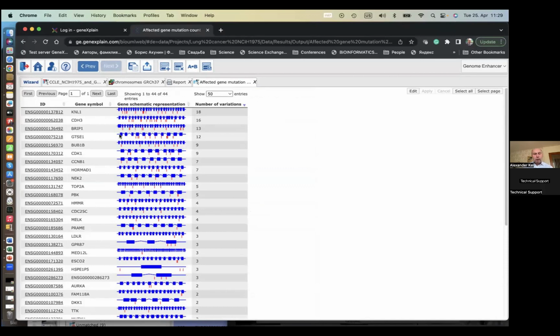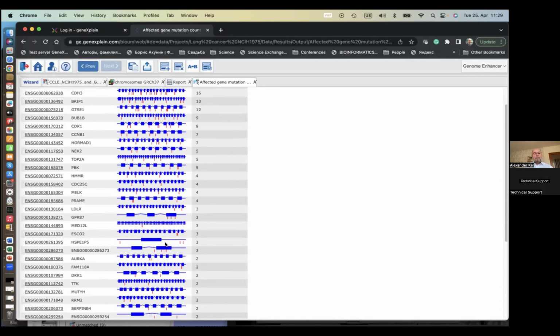So you see, what you see here, the blue blocks correspond to exons of the genes. These arcs correspond to the introns, and you see here these 3' and 5' regions, and the red bars indicate the positions of the mutations.